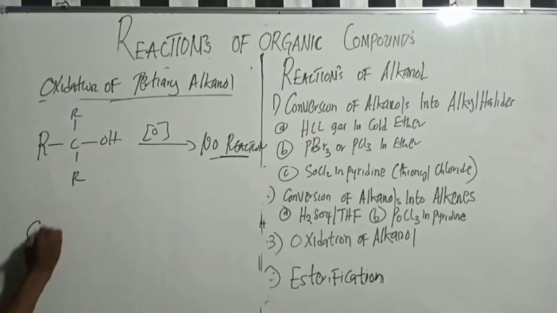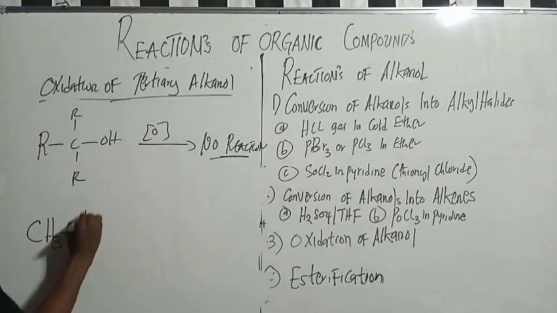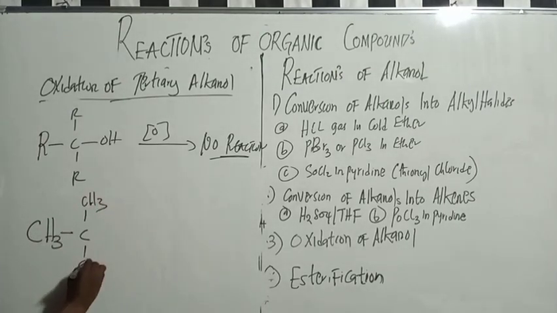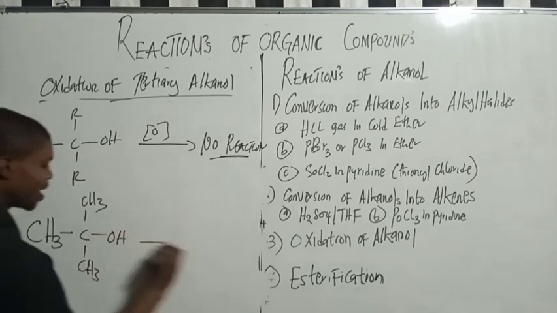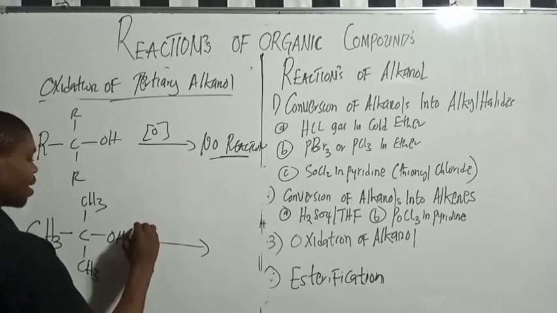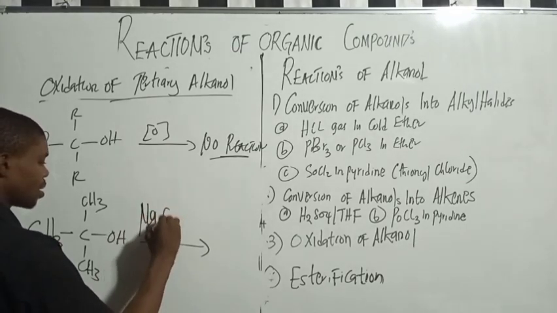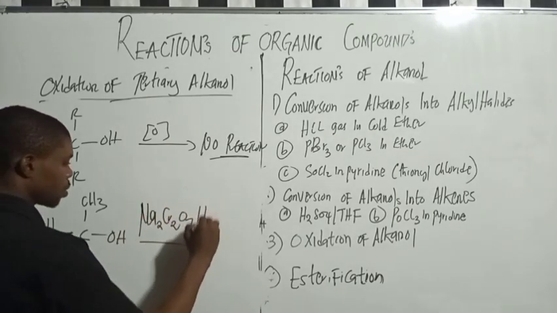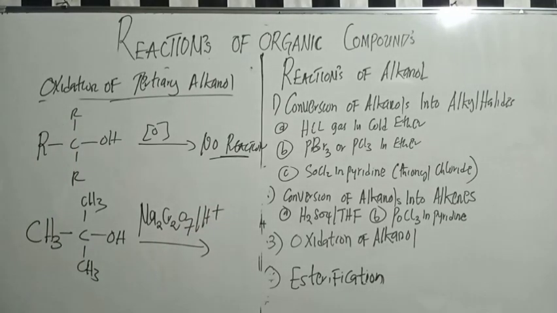For example, here we have CH3, CH3, CH3, OH. This is called a tertiary alkanol. So if you use the strongest oxidizing agents, it cannot produce any result.